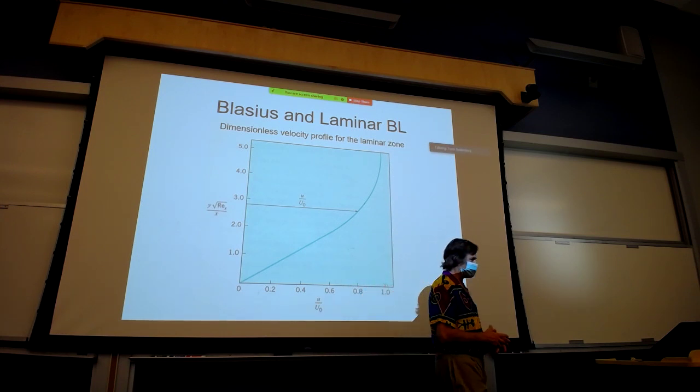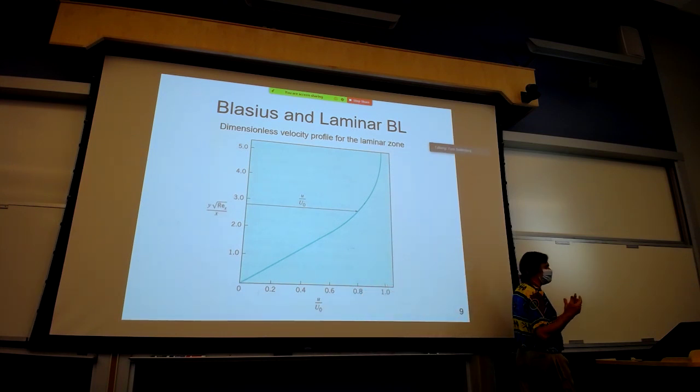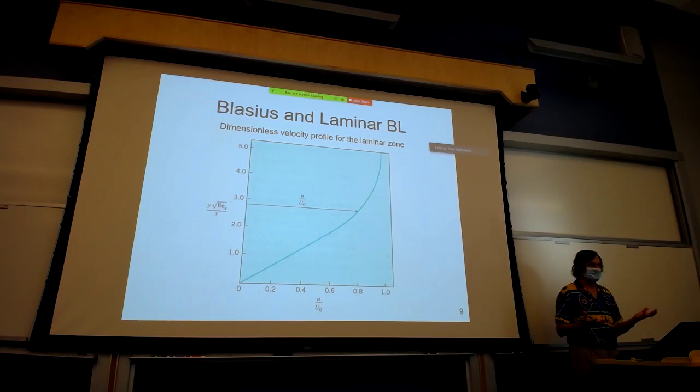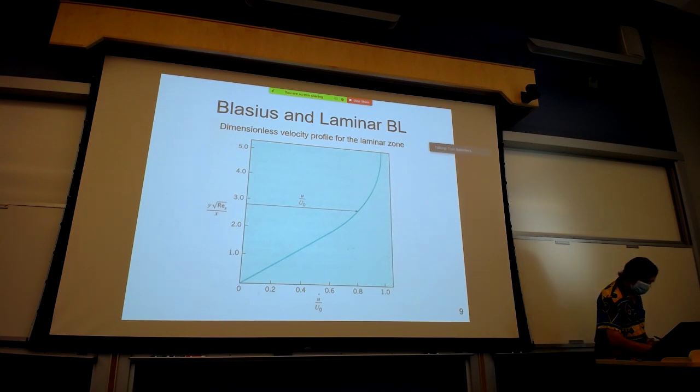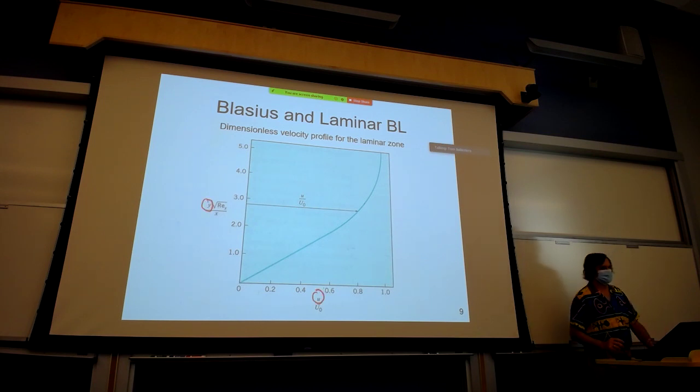In this case, he developed this dimensionless velocity profile. Remember, the boundary layer is where velocity is changing vertically away from the plate. So if you look at this, you have velocity on the horizontal axis and distance away from the plate on the vertical. But again, Blasius made this into a dimensionless diagram.